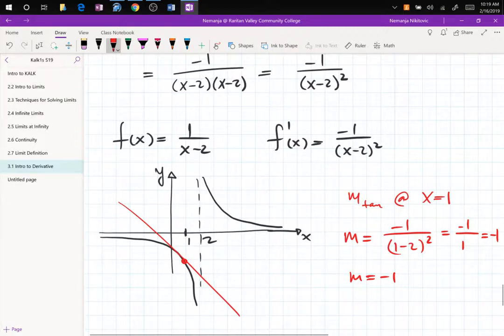Now you can also calculate exactly what the tangent line is, because you have a slope and you have a point, so you can compute the y-intercept easily.